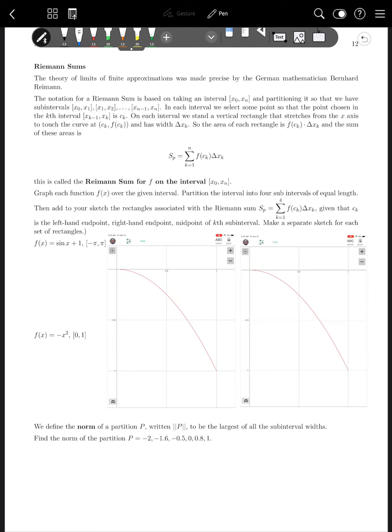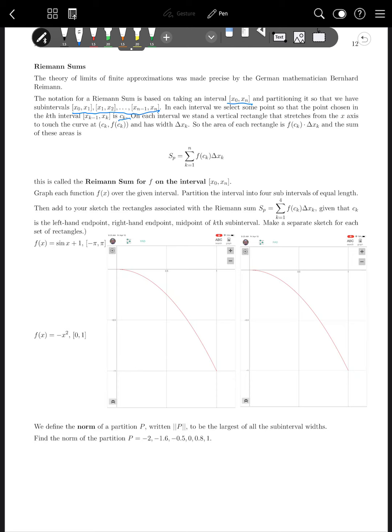Riemann sums is the theory of limits of finite approximations, which was made precise by the German mathematician Bernhard Riemann. His idea was that if I take an interval x sub 0 to x sub n and partition it into a bunch of subintervals, and in each interval we select some point, the point chosen in the kth interval is c sub k.